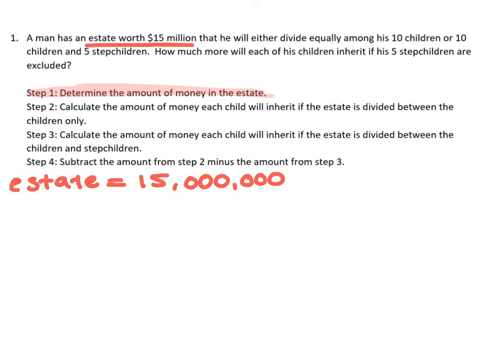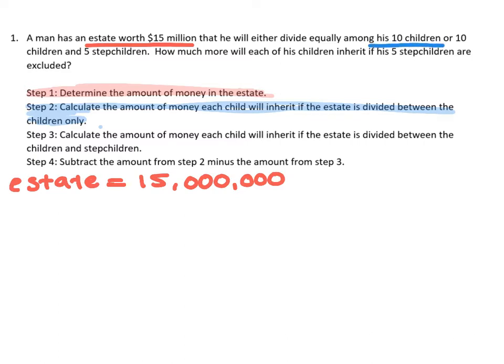Now the next part of the question reads, calculate the amount of money each child will inherit if the estate is divided between the children only. So if I look at my original question, it says that he will either divide equally among his 10 children.